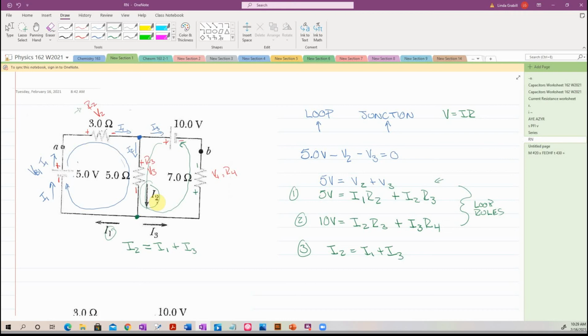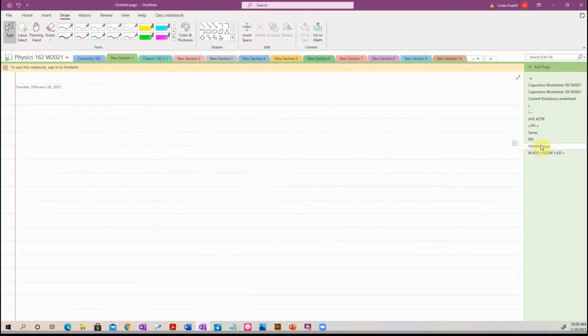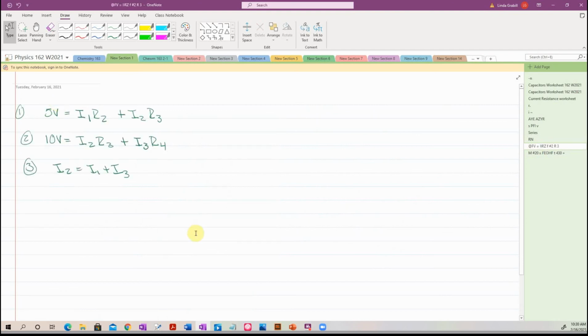So that means I have 3 equations and 3 unknowns. So for however many unknowns you have, you have to make that amount of equations in order to solve. So now let's take a look at how that looks once we start solving it.